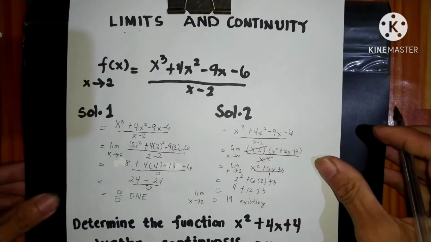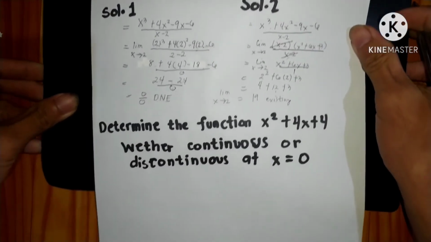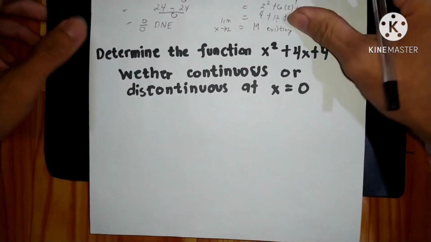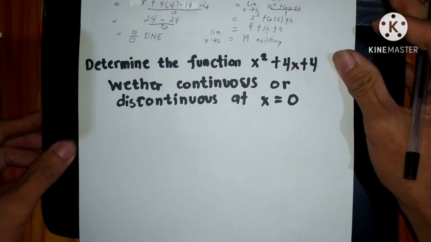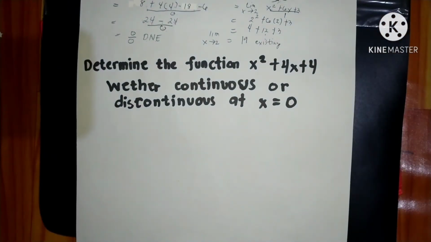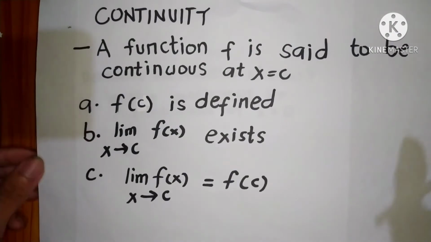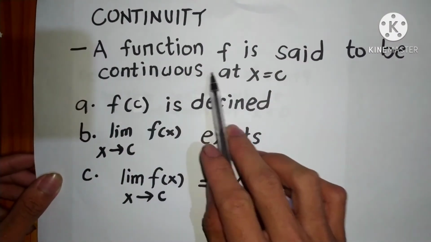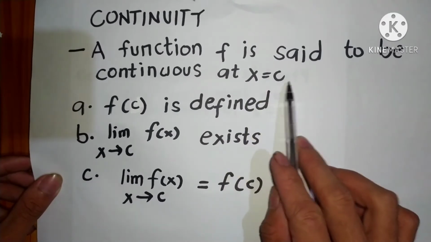So, pupunta tayo sa continuity. Continuity. Alam naman natin na ang continuity ay part of the limit. Then, we have to define continuity. So, continuity, a function f is said to be continuous at x is equals to c.